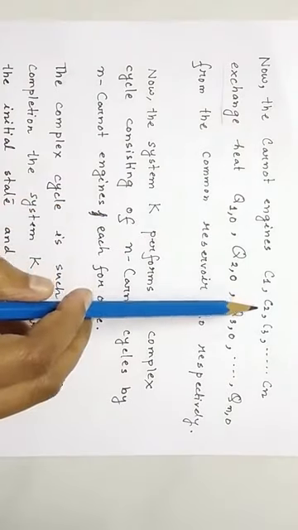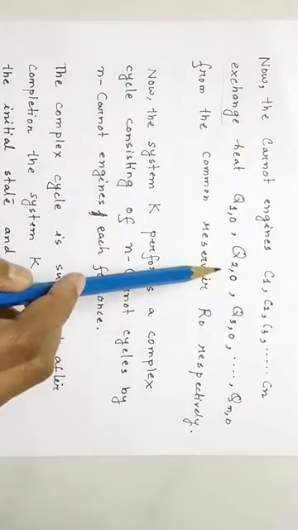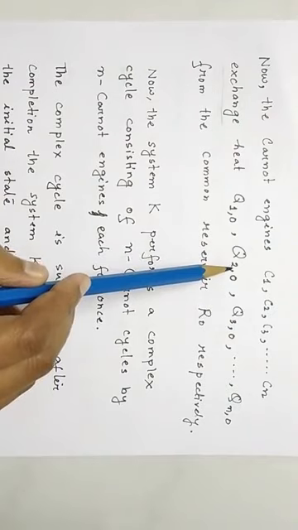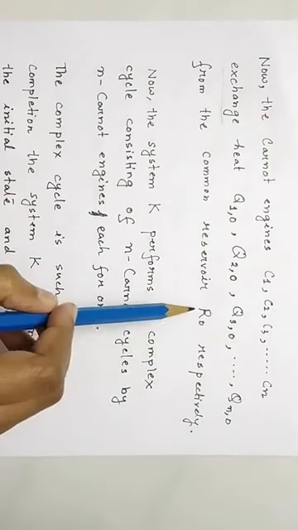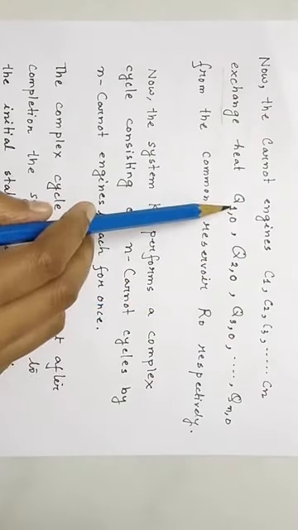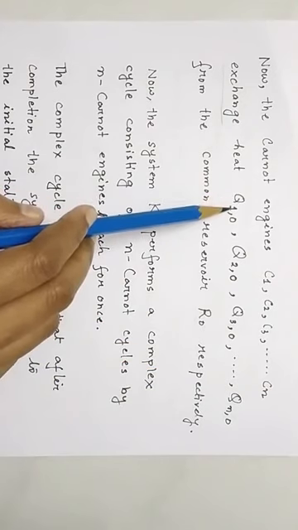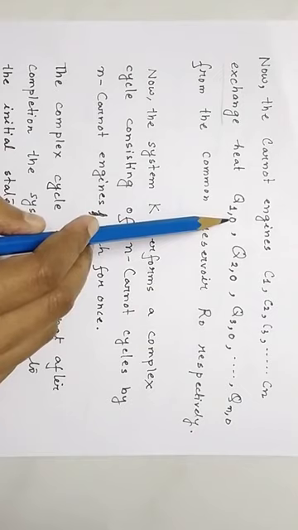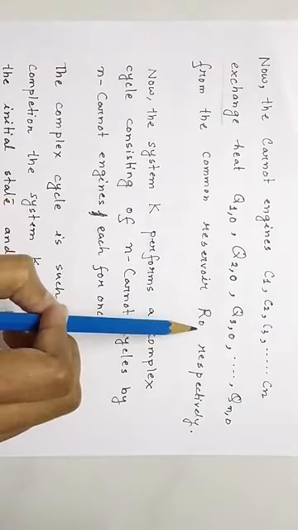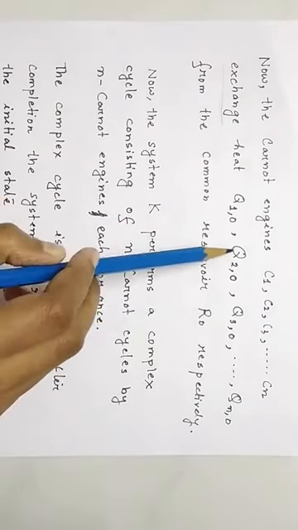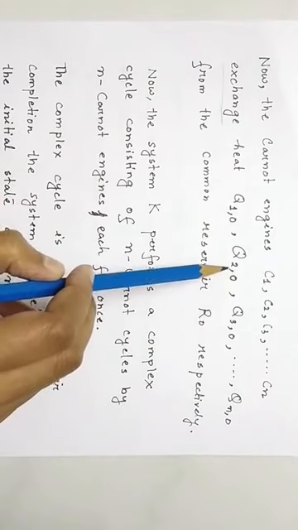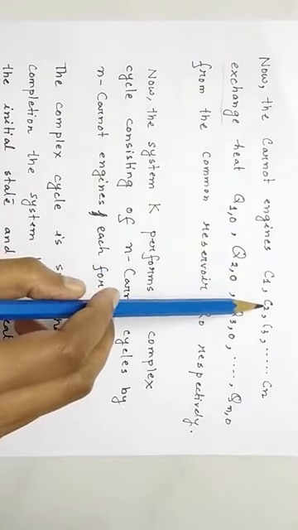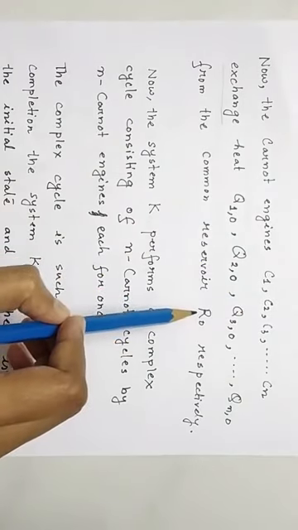And then the C2 Carnot engine exchanges an amount of heat Q2,0 with the common reservoir R0. You see, in 1,0, 1 stands for the first Carnot engine, 0 stands for the heat exchanged with the R0 reservoir. Similarly, Q2,0 is the heat exchange between the Carnot engine C2 and the common reservoir R0.